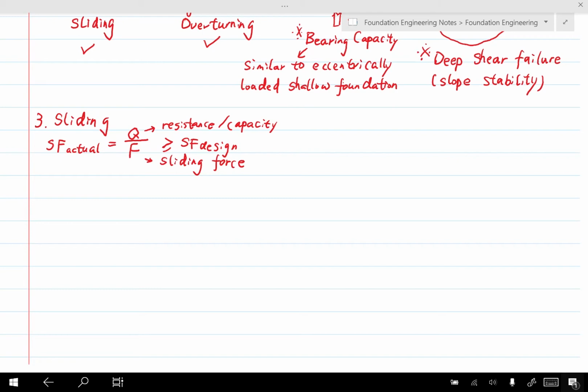So on the left, I will do gravity wall. And on the right, I'm going to do cantilever. For gravity wall, let me draw a schematic first.